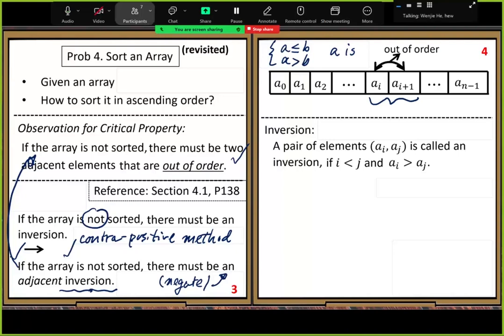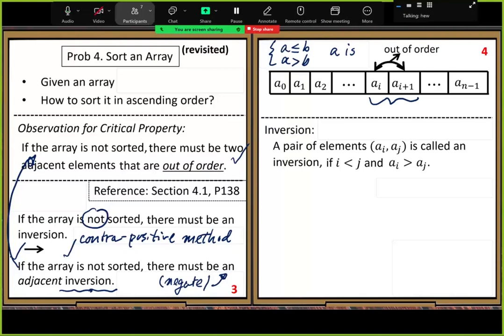But with this property, we do not need to. We only need to consider the local inversions. Is that an improvement? So our focus changes from global inversion to local inversion.